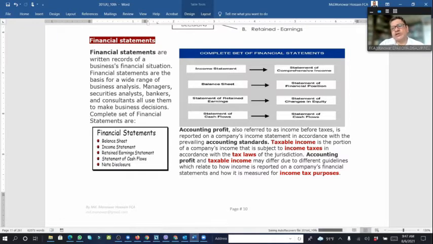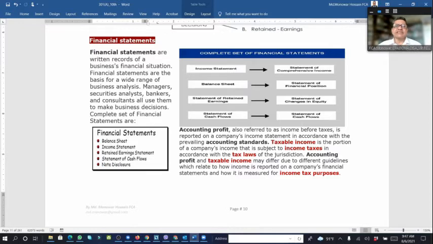And we prepare cash flow in two methods: the direct method and the indirect method. The direct method accumulates all receipts and payments, and the indirect method starts from the balance of the profit and loss account. When we see the math, that will be clear later on.